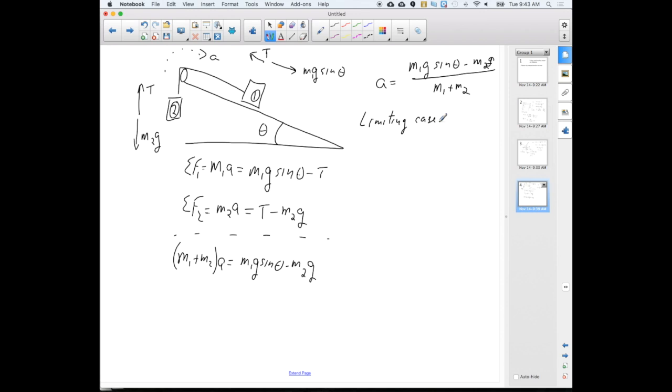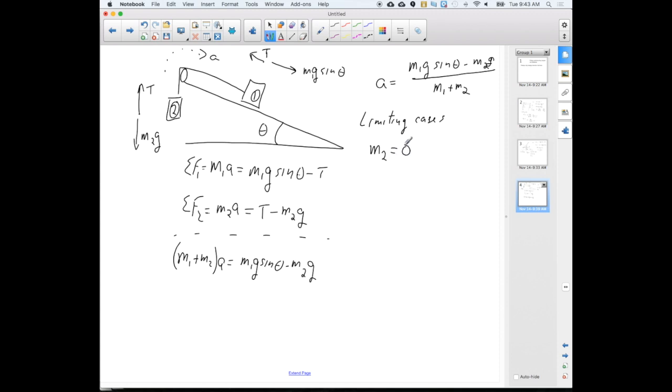Okay. So what are the limiting cases I can talk about here? I want big picture numbers. So the limiting cases are M2 equals 0.